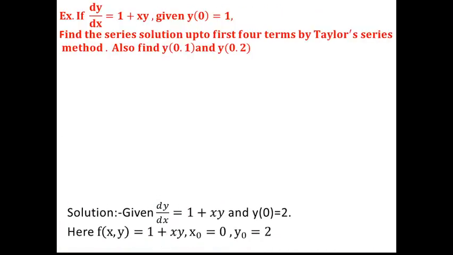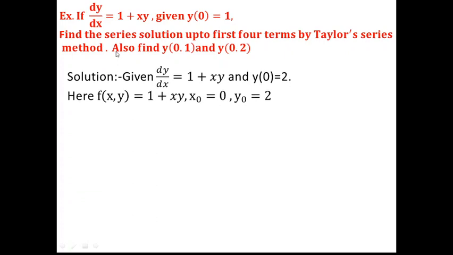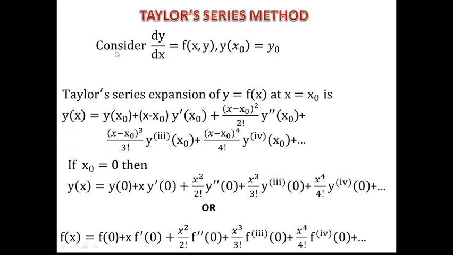Let us try to understand this method with the help of a problem. Before that, you should know the drawbacks of the Taylor series method. The Taylor series method, though a powerful single step method, works if we are able to find the successive derivatives. If you observe the formula, y dash, y double dash, y triple dash are nothing but the derivatives of y.